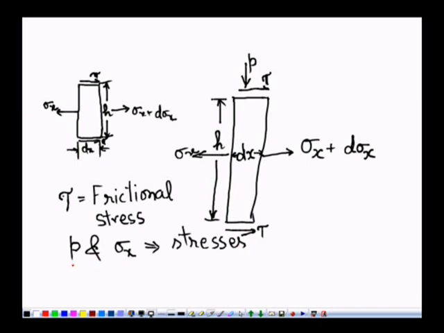Here P, this one is a compressive one. That is, wherever we have to use it, it must be equal to minus P.